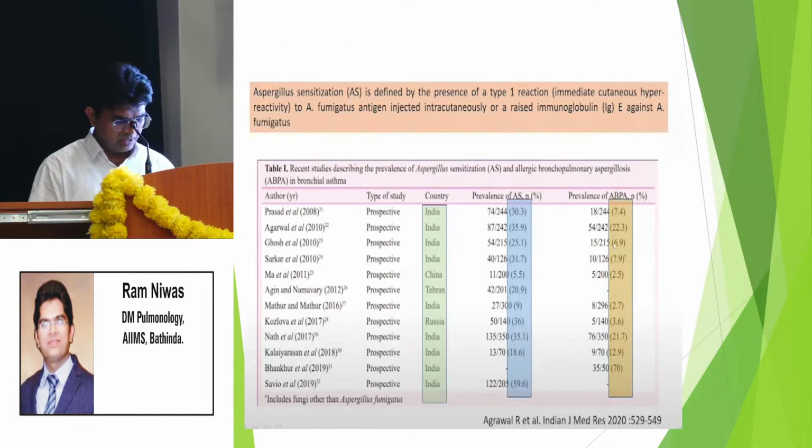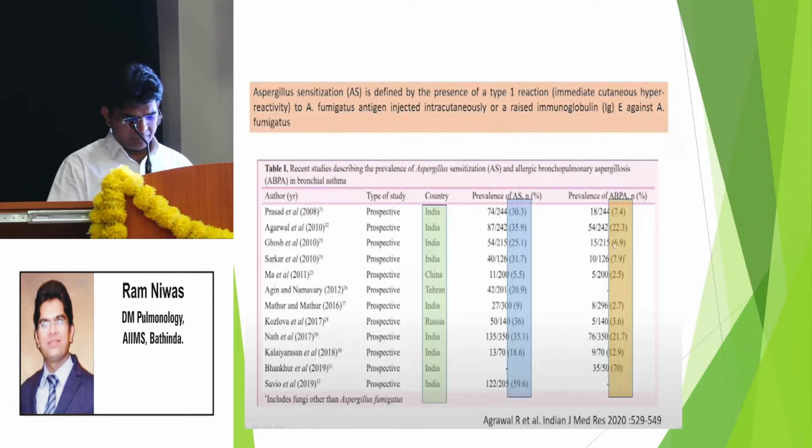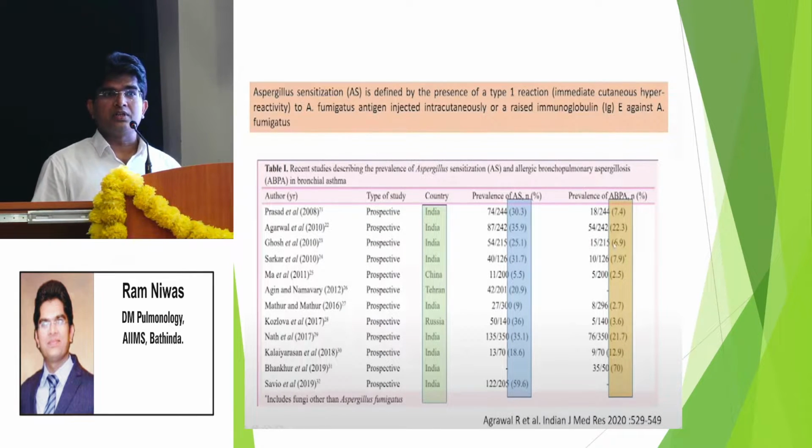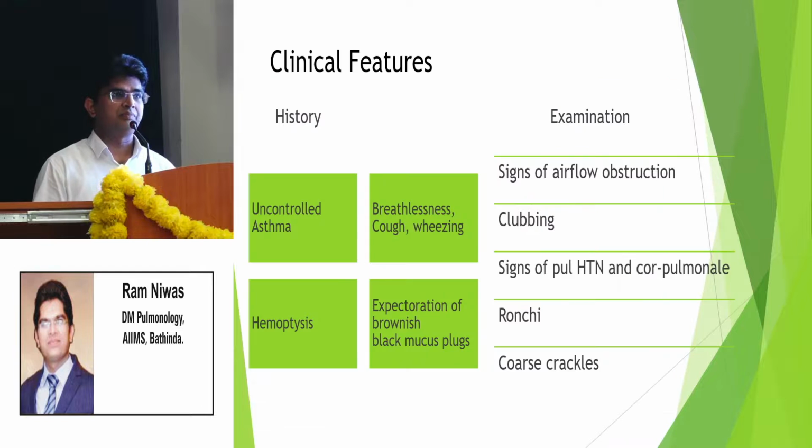This is the study that was published in 2020 by Agarwal et al., and they have shown the range of Aspergillus sensitivity around 5.5 to 35% and prevalence of ABPA in asthma patients with a range of 2.5 to 22%. So as high as 22% of patients with asthma may have ABPA.